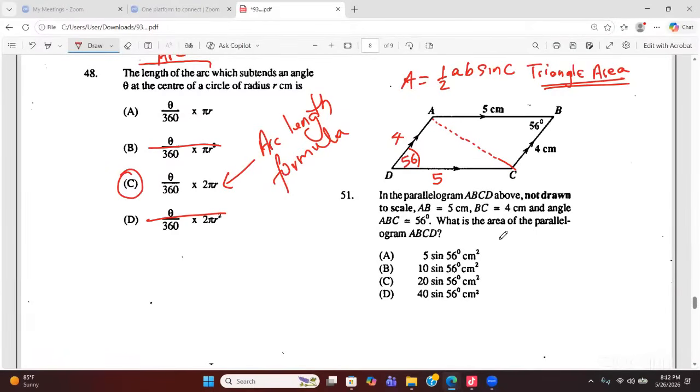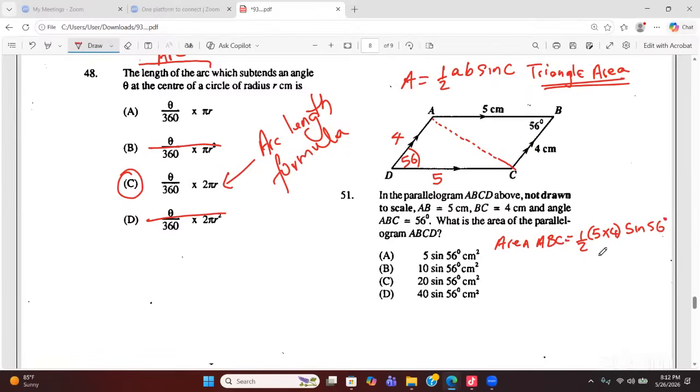So we are going to say the area of ABC is equal to a half times 5 times 4 sine 56 degrees. But that's for one. It's going to be 2 of it.